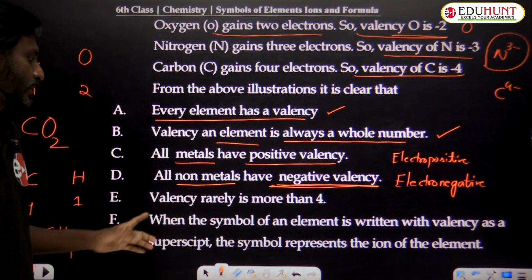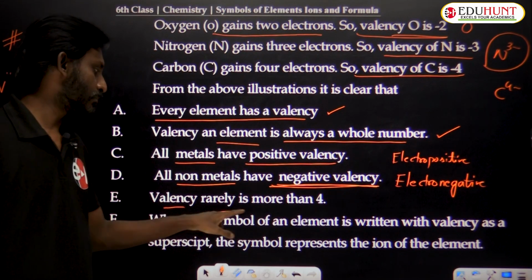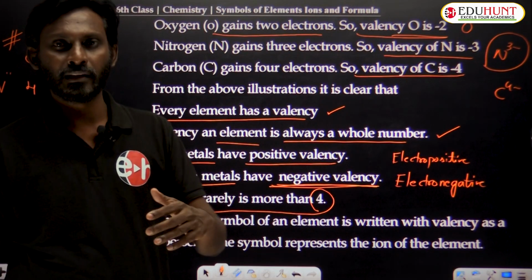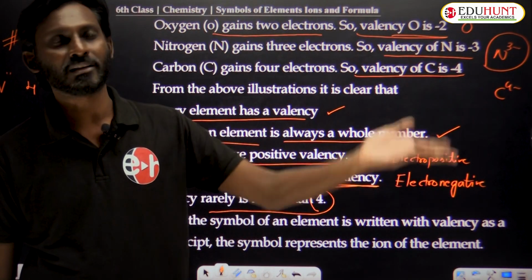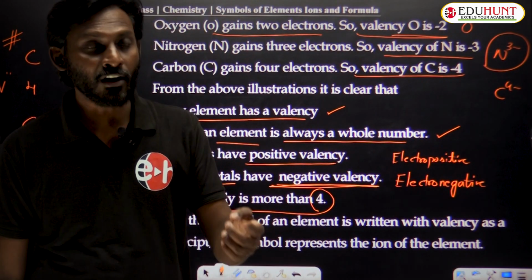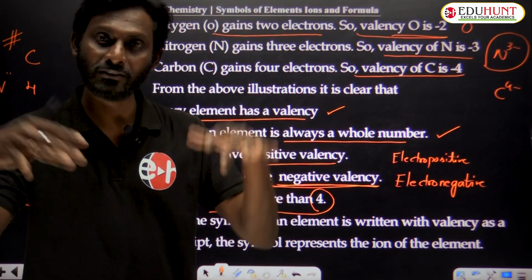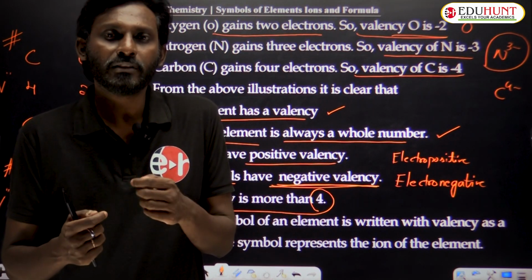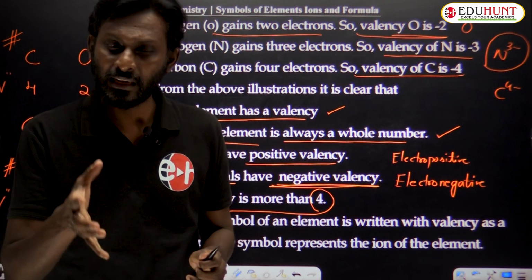And valency is rarely more than 4. I explained already: losing more than 4 electrons needs a lot of energy, and gaining more than 4 electrons also involves a lot of energy. Simply, it is not easy to lose or gain electrons; energy is involved.